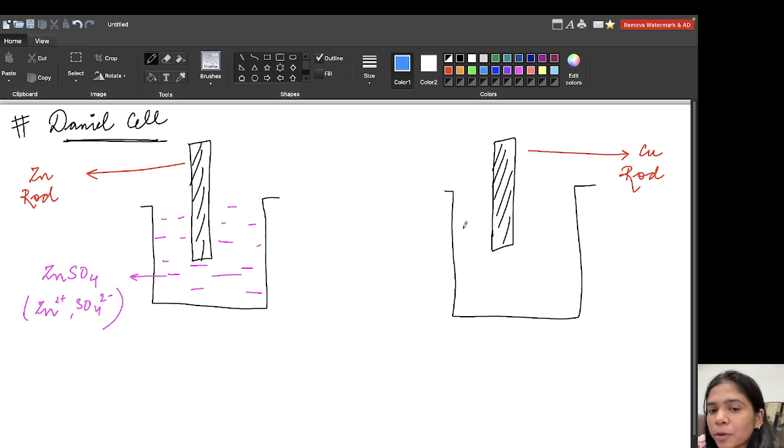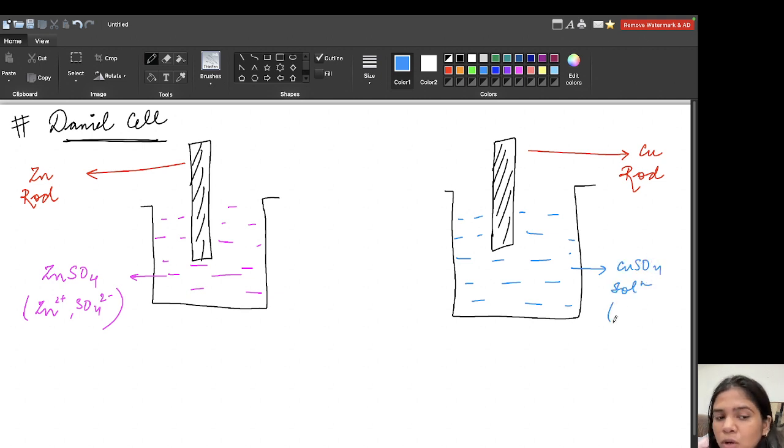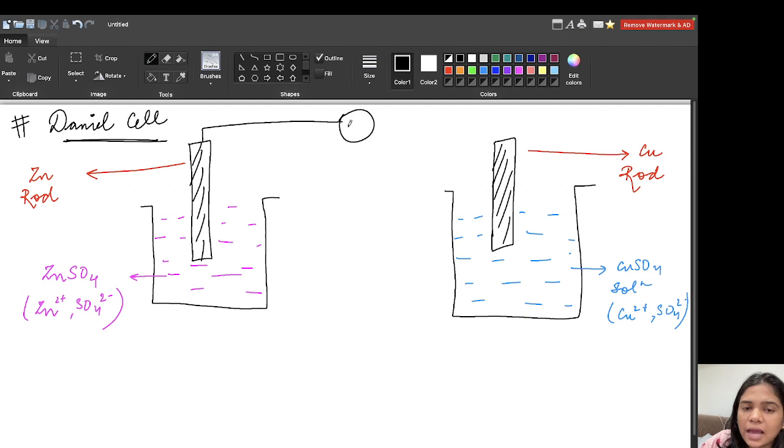Similarly, the copper rod is dipped in its own solution, copper sulfate solution, which also has two kinds of ions: Cu2+ and SO4 2-. Now these two rods are connected by an ammeter.